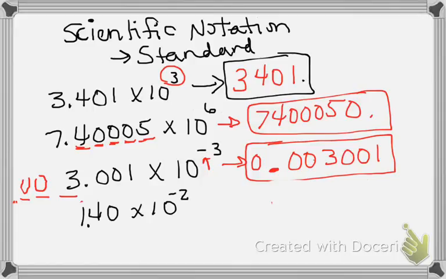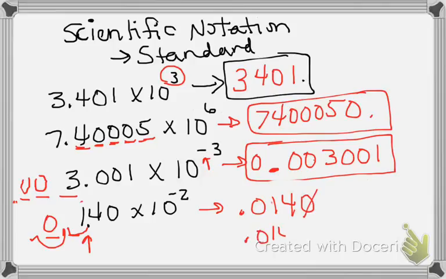The decimal is right there. I want to move it 2 places to the left because it is a negative. Notice I jump over the 1. That's my first one. And then I'm jumping over a blank spot, so I have to put a 0 in here. So my answer should be 0.0140. And I don't have to put that last 0 there. I can just put 0.014 if I choose to. Either one would be correct.